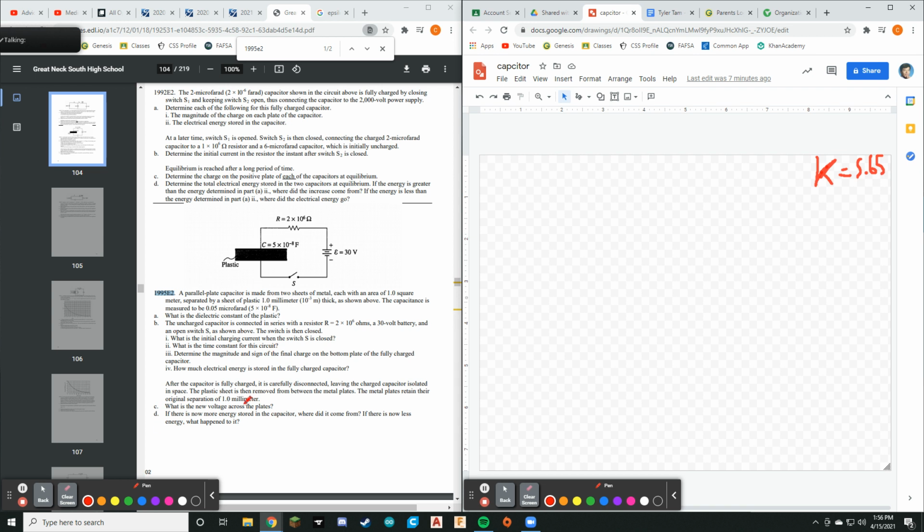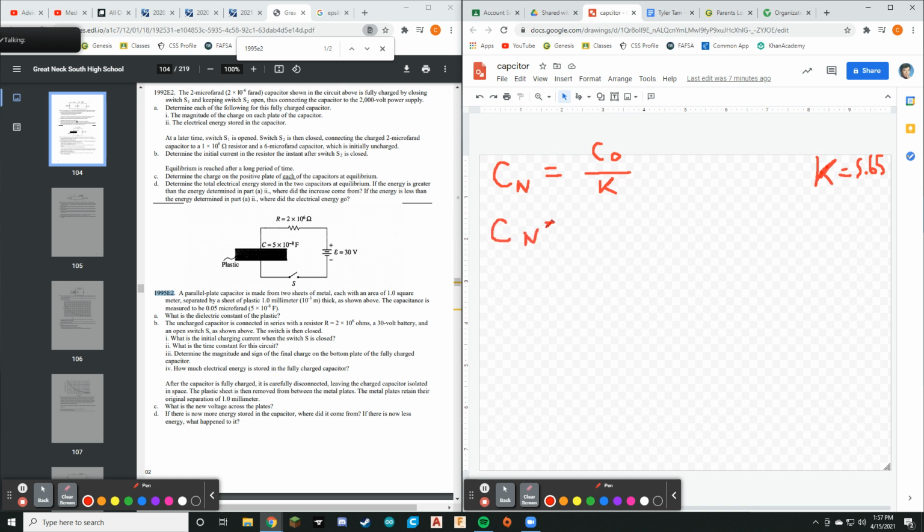And then for part C, what is the new voltage across the capacitor when the plastic sheet is removed? The capacitor was disconnected and fully charged, and the metal plates stay at the same gap. So we know that our new capacitance is going to be lower, and it's going to be the original capacitance divided by our dielectric constant.